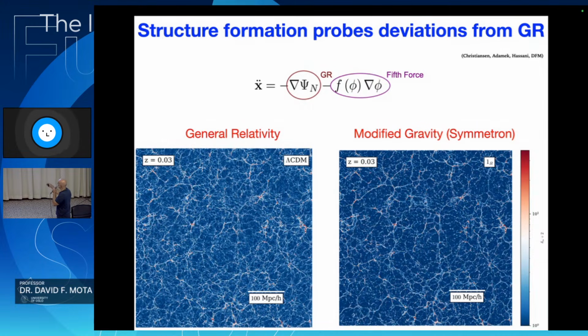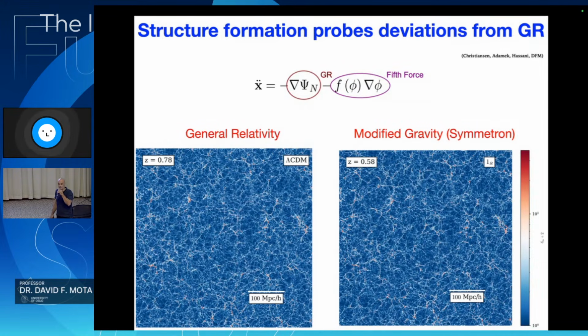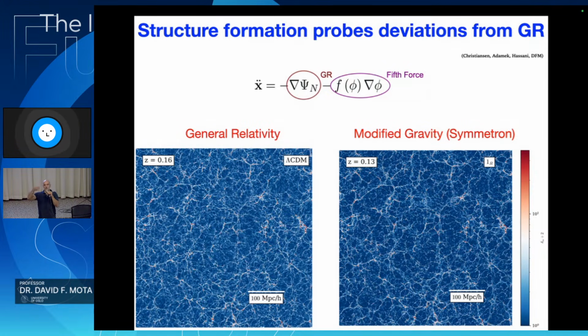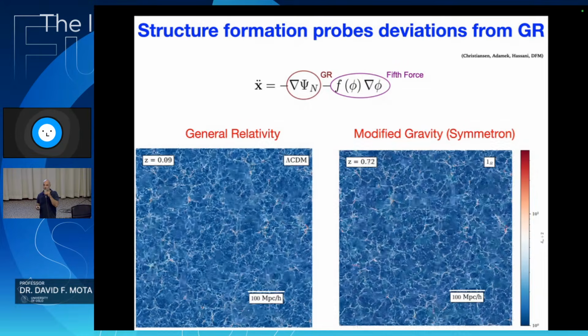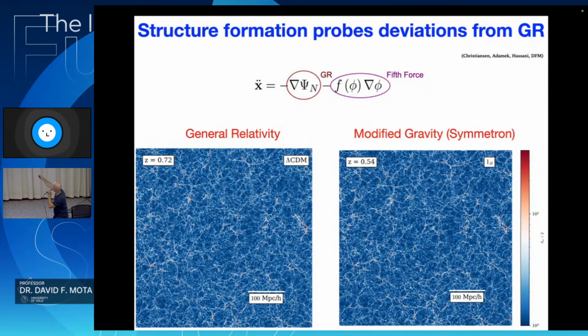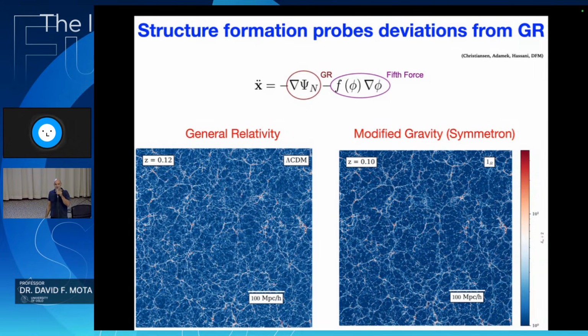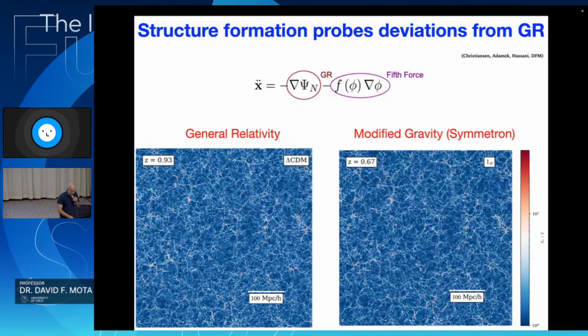I will tell you a little bit about how I did these simulations as well. But this is my whole idea. So I'm now going to tell you about structure formation probes of theories of modified gravity. The whole key is this equation here. Again, fifth force plus general relativity is what affects particles. That's why I told you so much about fifth forces.